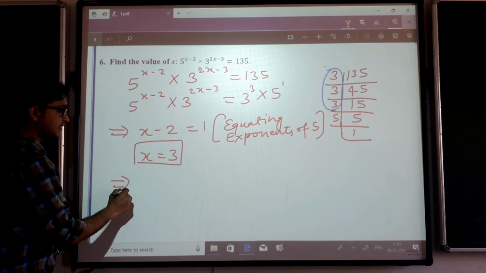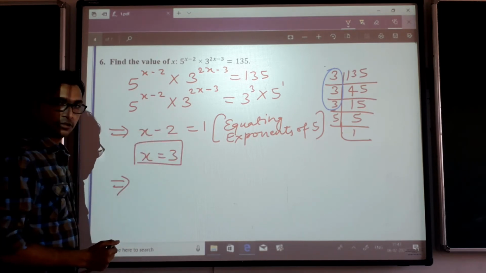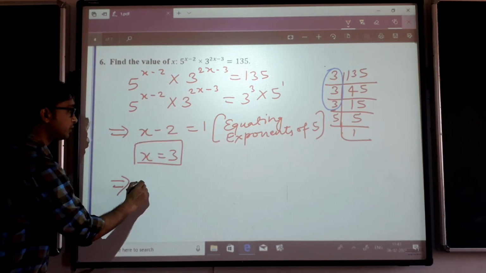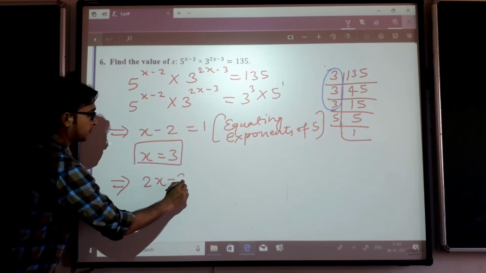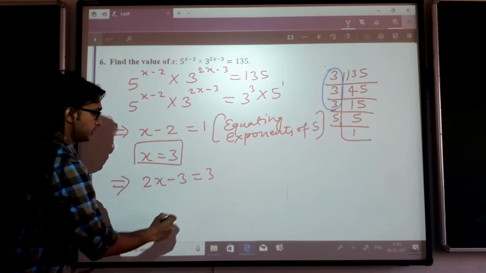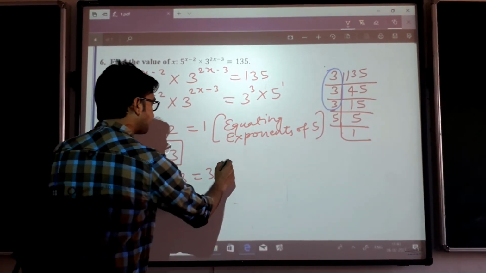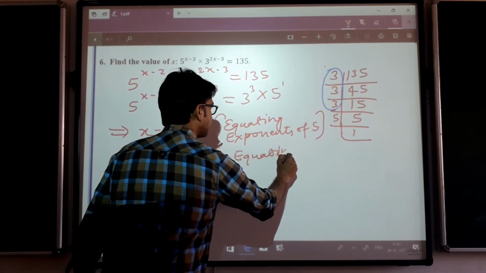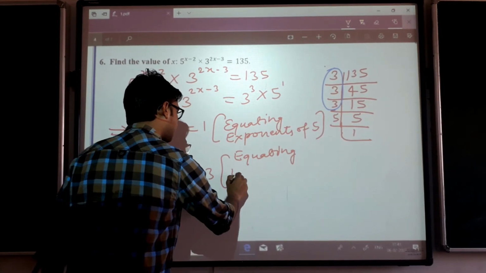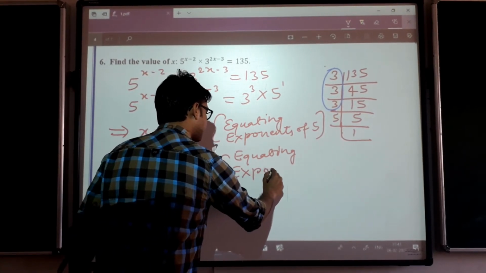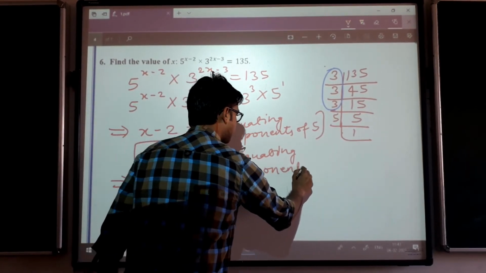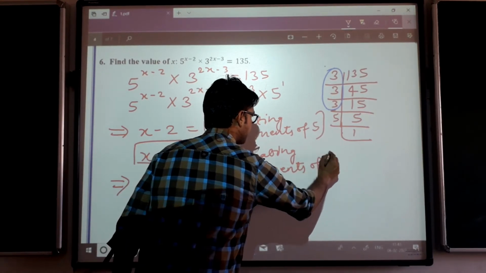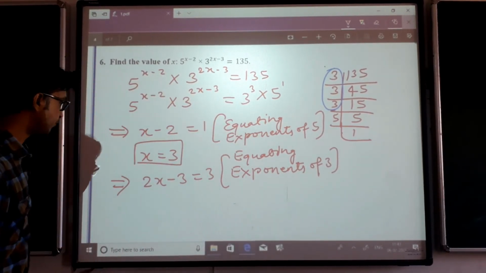So in the next case, on equating the exponent of 3, we will get here 2x minus 3 equals to 3. So we can write here equating exponents of 3.